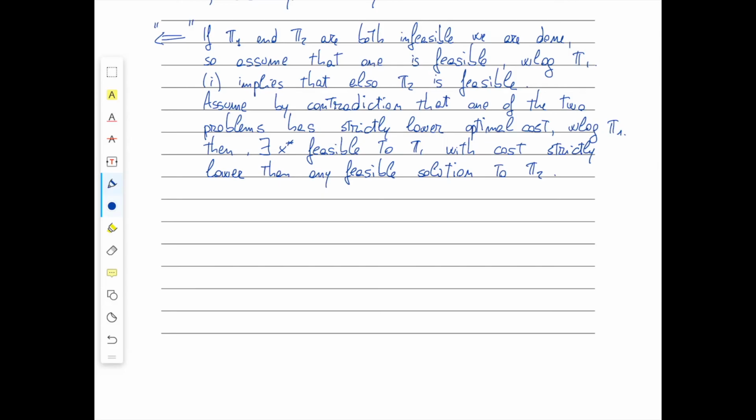But this contradicts 1. In fact, 1 says that for every feasible solution to pi1, there's one feasible solution to pi2 with cost less than or equal to. Therefore, this is not possible. We have obtained our contradiction, and so the optimal cost of the two problems is the same.